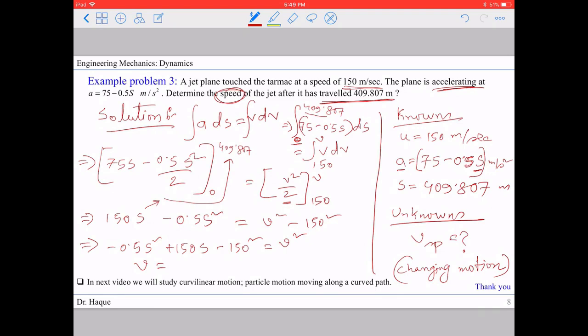So let me plug the values into the calculator: negative 0.5 times 409.807 squared plus 150 multiplied by 409.807 plus 150 squared. This last term is positive, because when it goes to the other side it becomes positive.